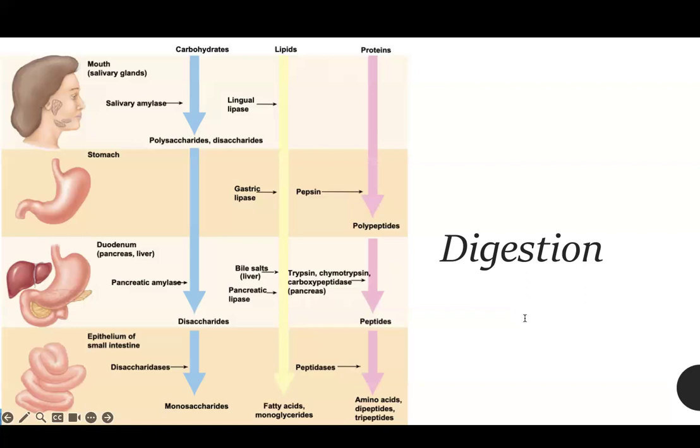Lipids are broken down into fatty acids with the help of lipases, and proteins are broken down with the help of proteases. I already mentioned earlier, for example, trypsin, chymotrypsin, and elastase. Those are super important proteases, and they are only active in the small intestine. And we already talked about inactive precursors and how they get activated and why that is important.